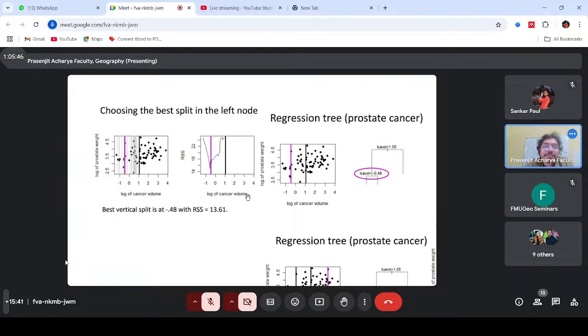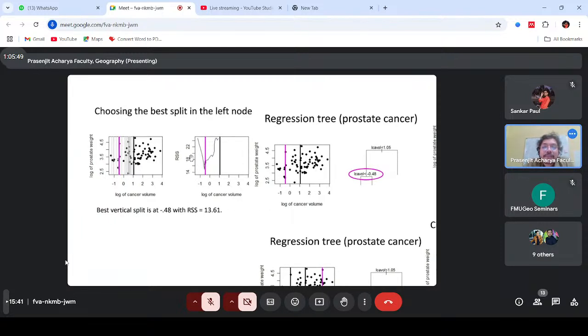So if I take the log of the cancer volume as 1.05, something here, I get a residual sum square error which is low, which is like this. If I take any other value, I get an RSS value which is exploding, either this or that. So the first splitting criteria is 1.05.